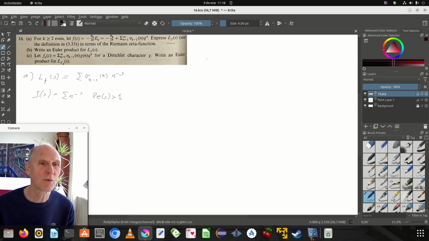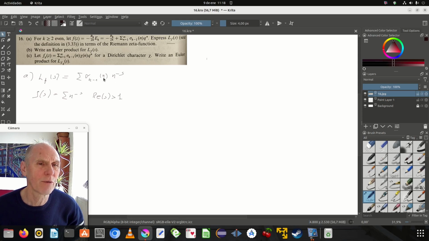The first idea is to prime factor n, and then for each prime factor, we know p to k's, I need to find that out, but it's a known relation. But then we are already on the way to writing the Euler product. On the other hand, every n has divisor unity.